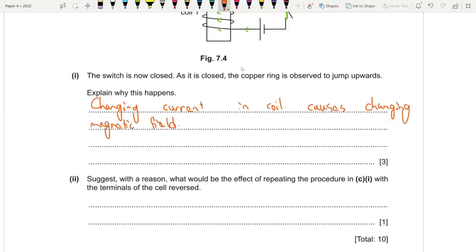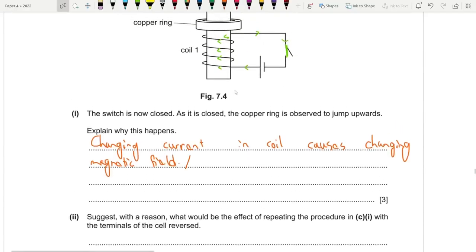Okay, this is just for the initial stage though. When you just close the switch, it will create a changing field, or you could just directly say that there's a change in flux, right? The changing magnetic flux causes induced EMF in ring. That's our first point. You could write either one.